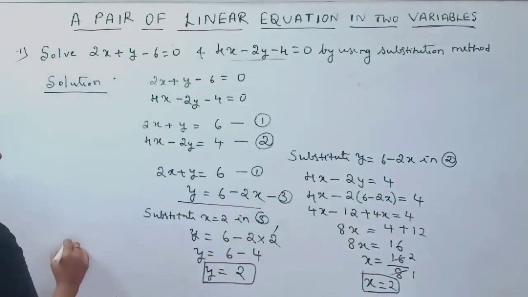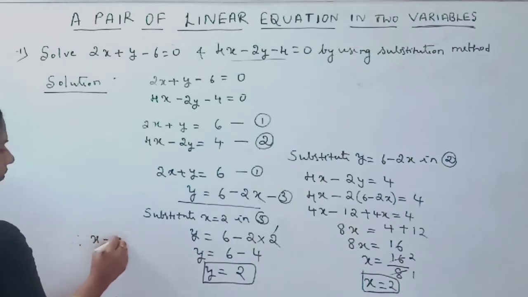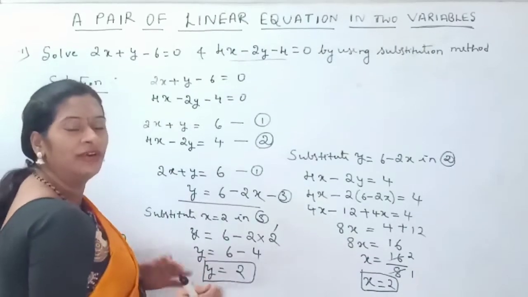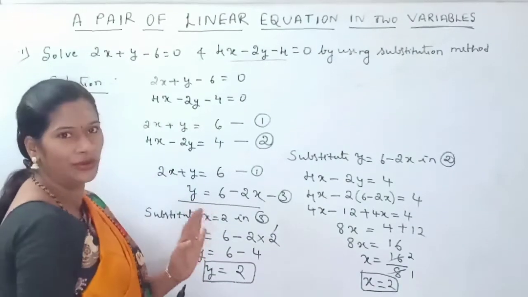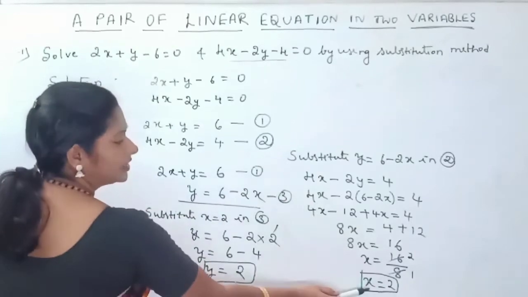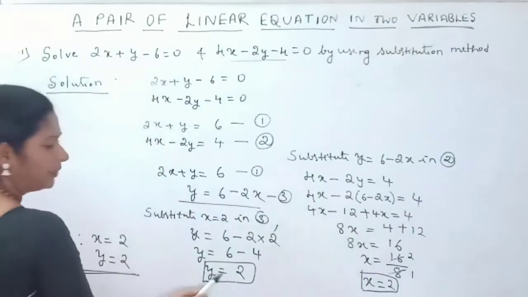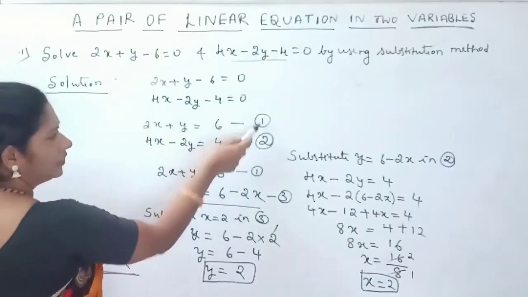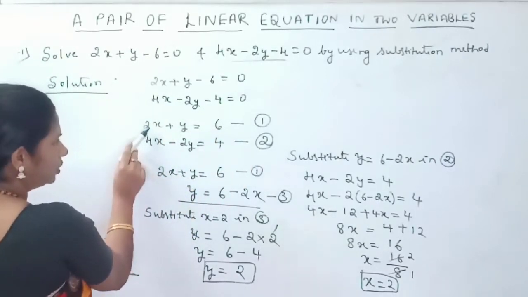Let me write the conclusion. Therefore, the x value is 2 and the y value is 2. Now you can verify whether your answer is correct or not. How to verify, children? So what is the x value? It is 2, and the y value is also 2. Now we have to substitute in any one of equation 1 or equation 2. Let us substitute here.